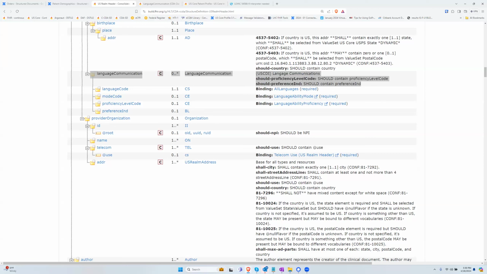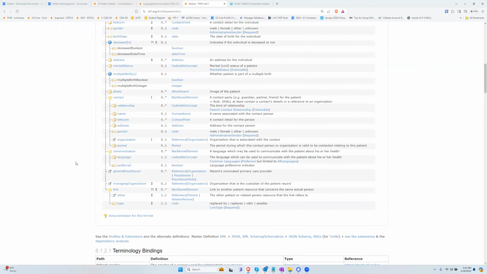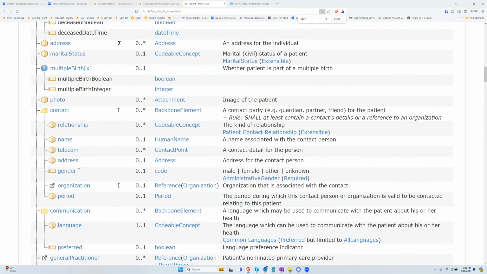If it's on the clinic to decide, I understand the point you're trying to make, I think, which is that if a patient doesn't understand the language at all, then that's important. The patient might need an interpreter. But the proficiency level code value set, language ability proficiency, has a code, I think, for the patient can't speak this language at all.